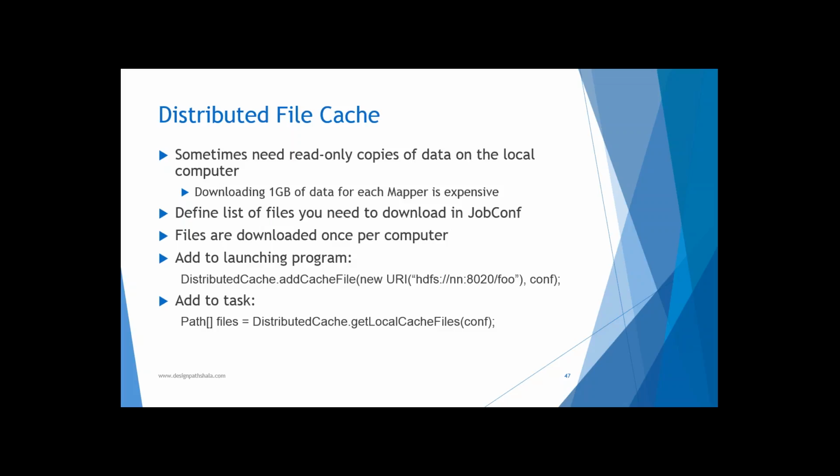Okay, and the distributed file cache. Let's say I'm running some Java code in the mapper phase or reducer phase where I want some jar file to be accessed, or some configuration file which I want to access while running my mapper or reducer code. In such a case, you can just add your file to the distributed cache, and then you can easily access that file on all your nodes. Hadoop will ensure that your file is available on all the nodes running the corresponding mapper or reducer, and that it will be available locally.